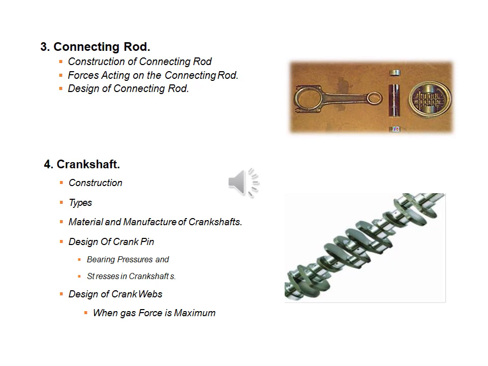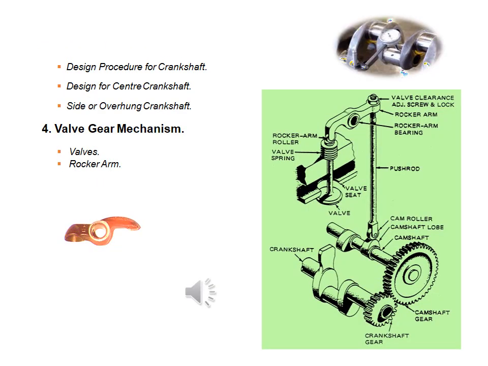Here you can see the different important components of IC engine parts. Another major component of an IC engine is the valve gear mechanism. The valve gear mechanism of an IC engine consists of those parts which actuate the inlet and exhaust valves at the required time with respect to the position of the piston and the crankshaft.